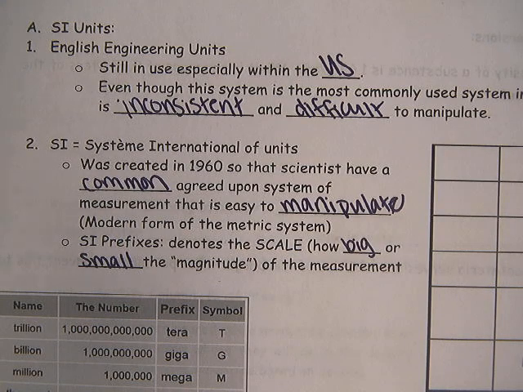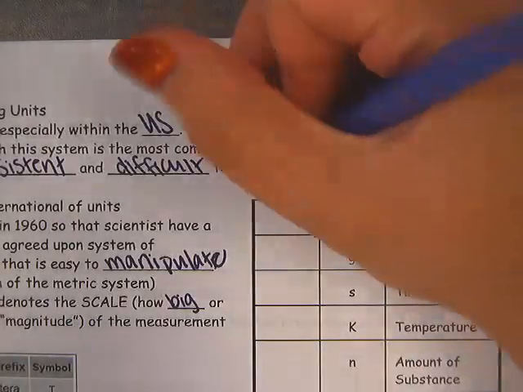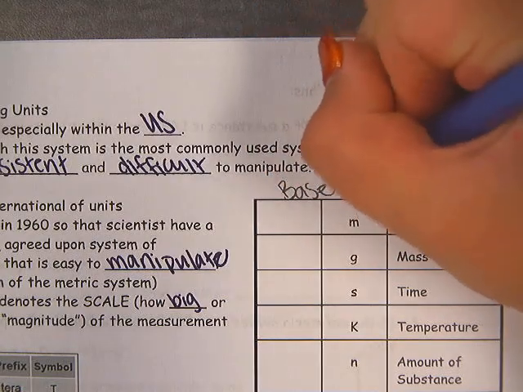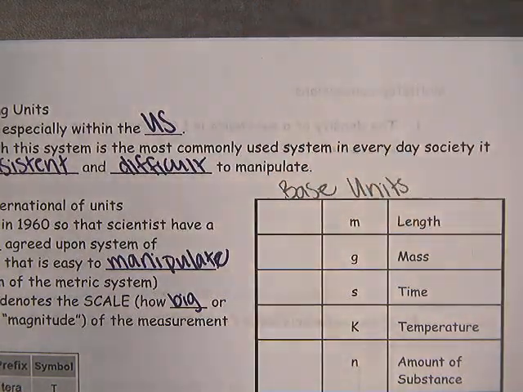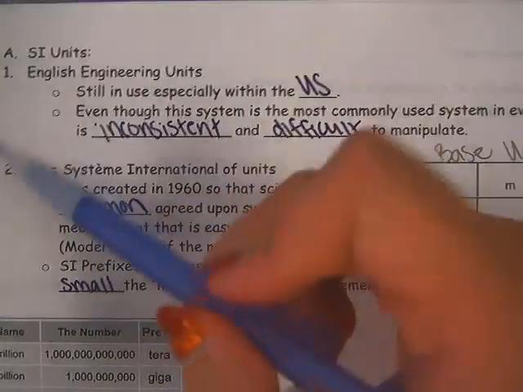And then off to the right-hand side, I have this little chart. I'm going to put over it base units. So these are all going to be our base units within our SI system.